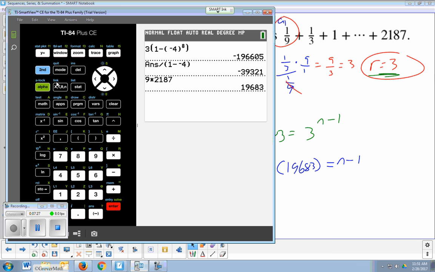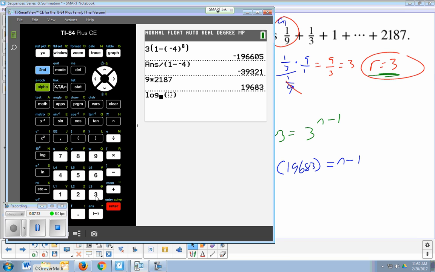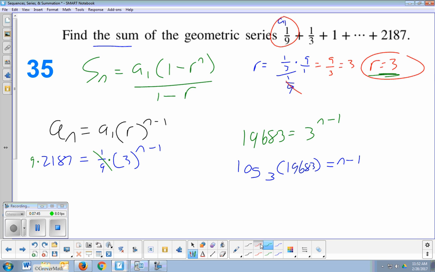I'm going to do my math button up to log base 3 of, I could just type second answer since that's the 19,683, or I could type in 19,683, but either way. So that's going to give me 9. So 9 equals n minus 1, and then, of course, add that 1, n equals 10. All right, so n equals 10.